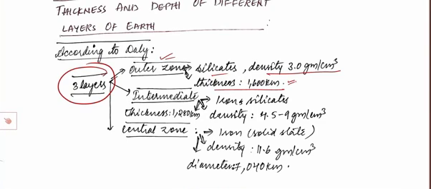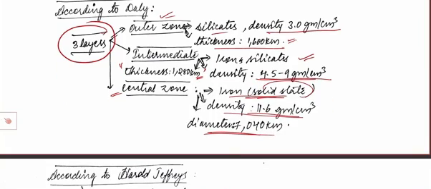He said the intermediate zone has iron and silicates with a density of 4.5 to 9 grams per centimeter cube and a thickness of 1280 kilometers. And the last zone is the central zone, that is again the core area, mainly consisting of iron, solid in state, with a density of 11.6 grams per centimeter cube, and a diameter of around 7040 kilometers.